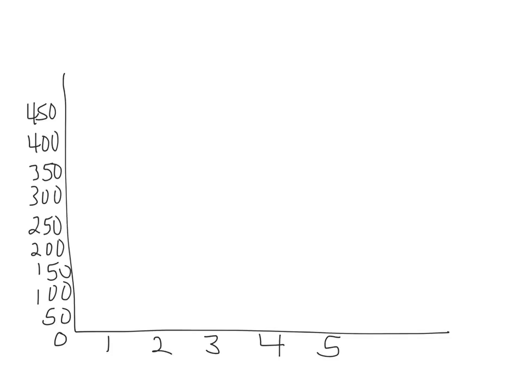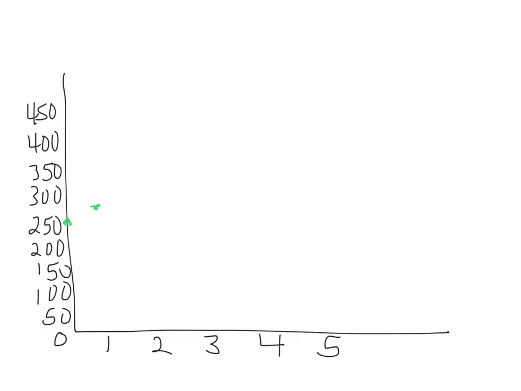That's right here, where we would start. That's 0 and 250 right there. Then we can continue plotting. 1 was 270, so it'd be about right there.